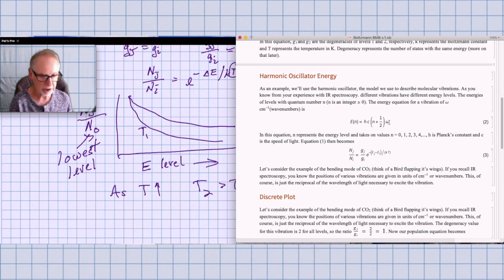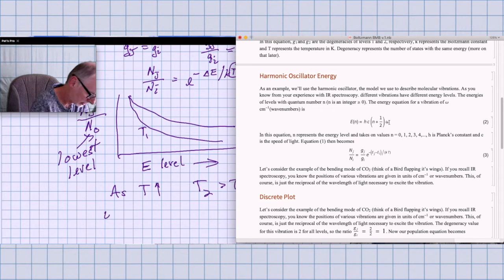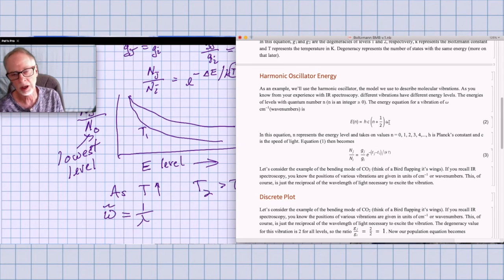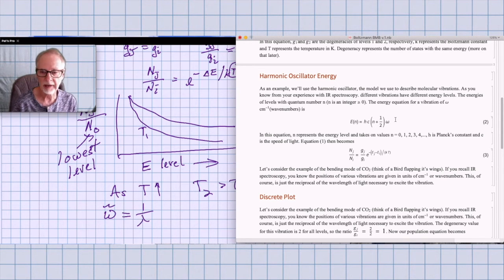You may recall that a wave number, a lot of times represented by a squiggly line, is just the reciprocal of the wavelength of the photon that excites that vibration. Okay, so again, when you're running IR, you're getting the wave numbers, and again, we'll talk more about the quantum mechanics of that. This is the equation that we have here for the energy of a level in wave number values. And then, of course, here is our Boltzmann distribution.